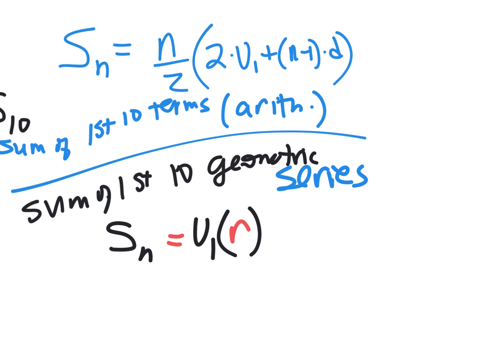To the power of n minus 1. Is the minus 1 up by the n like this? No, it's down low like this? And then over R minus 1. Okay. There. Is that what it looks like? Yeah. Okay, good. All right.